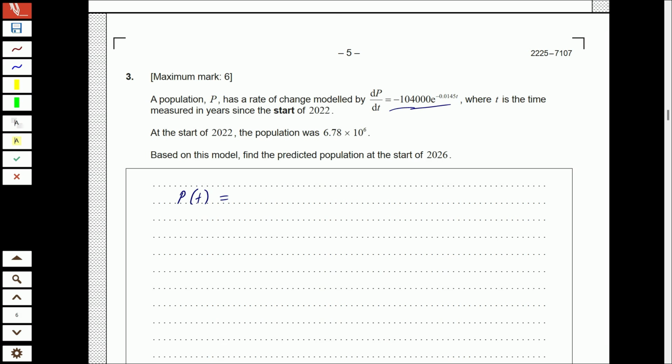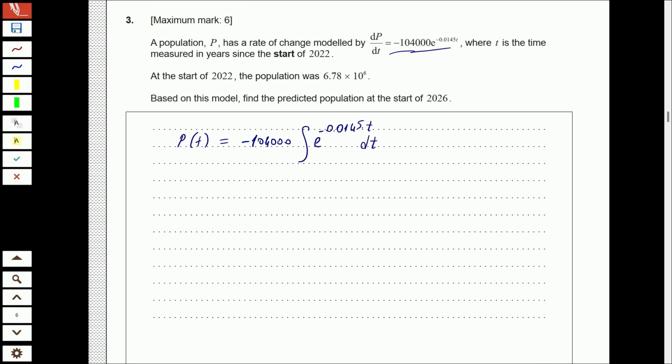So you can write the constant out of the integral, which is 104,000, and inside the integral, you can write e to the power of minus 0.0145 times t. So let's find this integral.